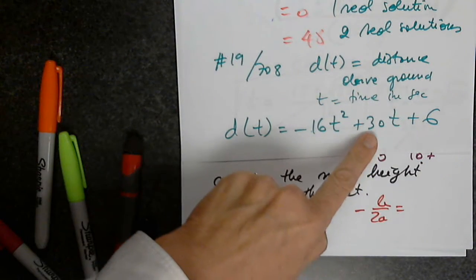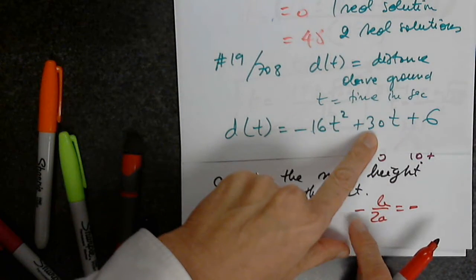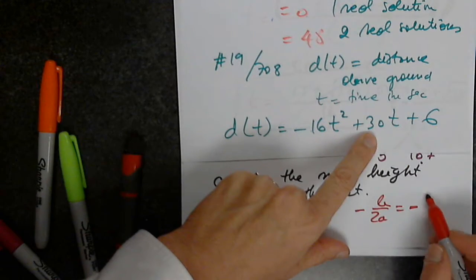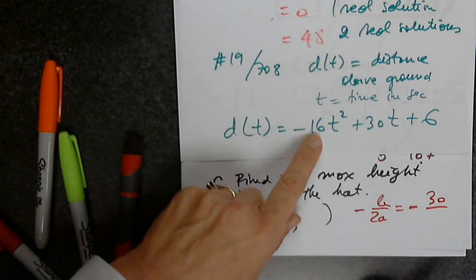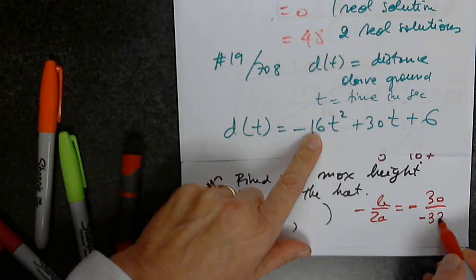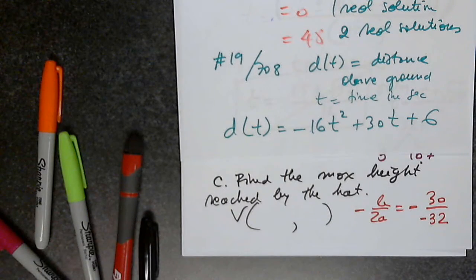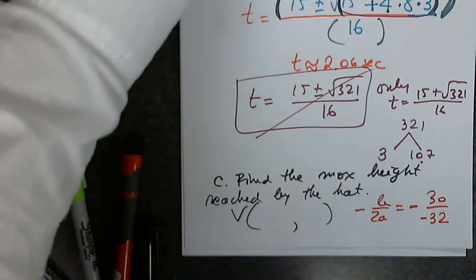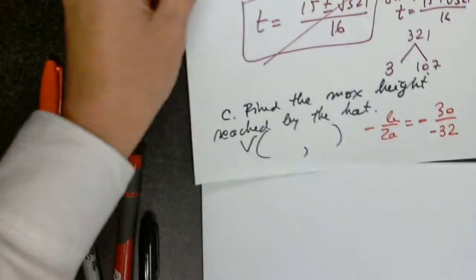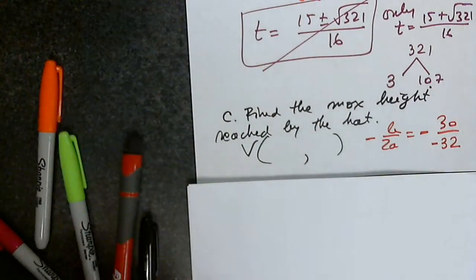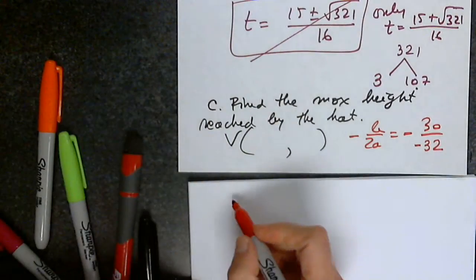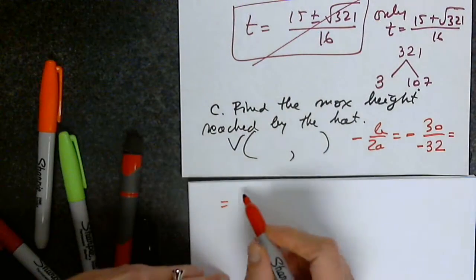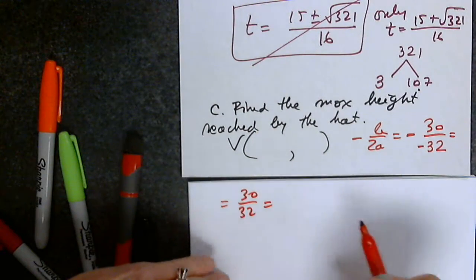So here it is. Here's our negative in front of the ratio, and then b, which is 30, and then 2 times a, which is negative 32. It's time, so it has to be positive. So of course minus minus will change into plus. So the x-coordinate of the vertex equals 30 divided by 32.